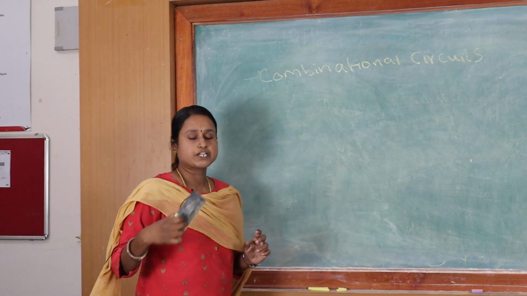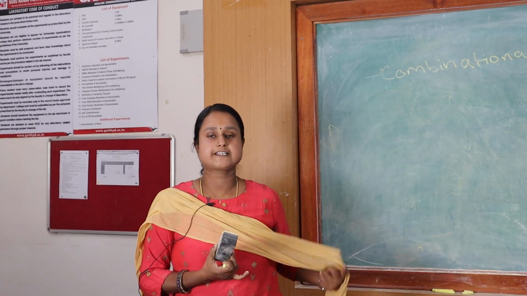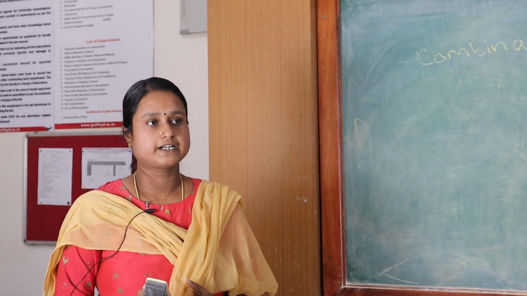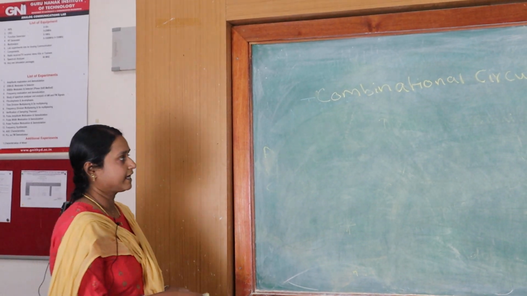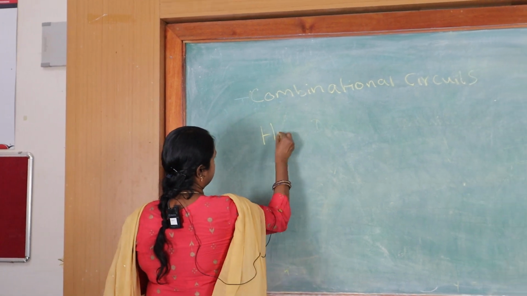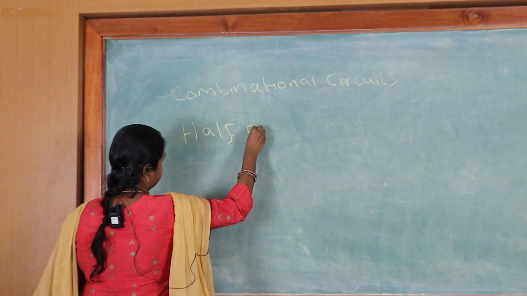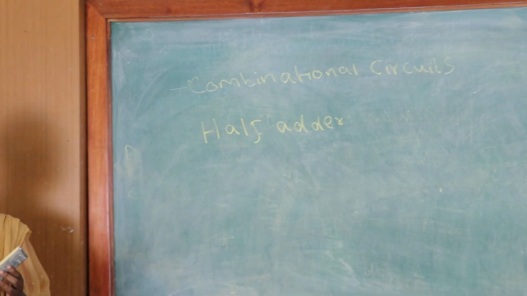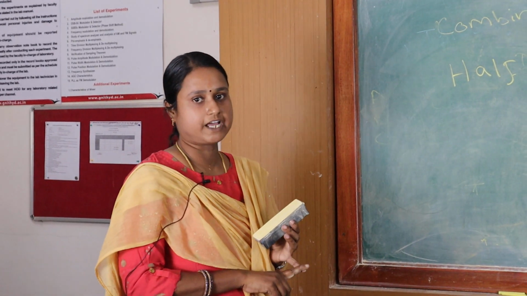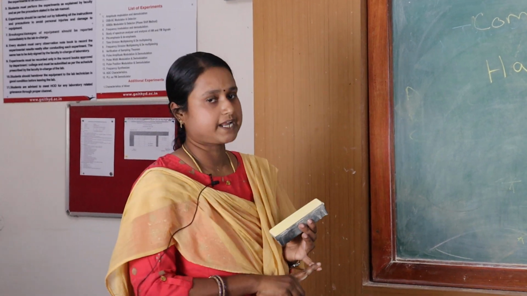So what are the combinational circuit application examples? Half adder, full adder, half subtractor, full subtractor, decoder, encoder, multiplexer. Here I am focusing on a small one, the half adder. First we have to define what we are doing. So we have to design a half adder to perform 2-bit addition.